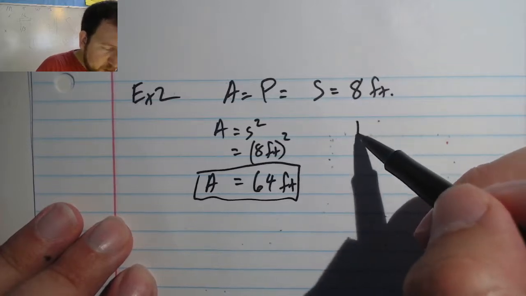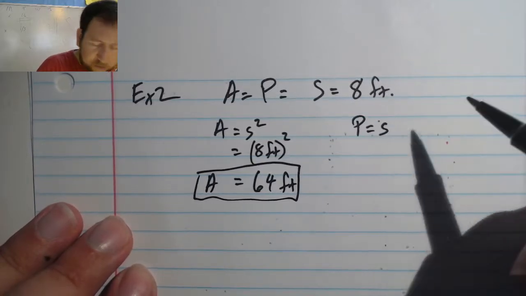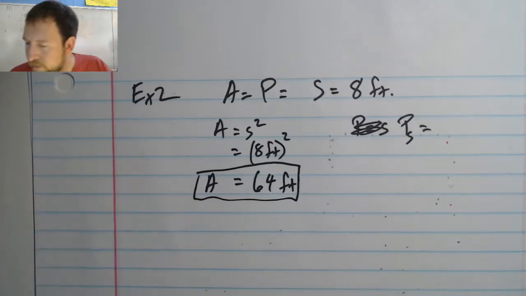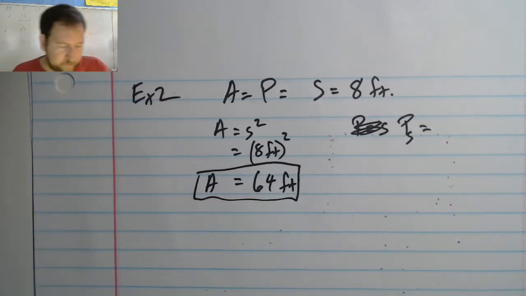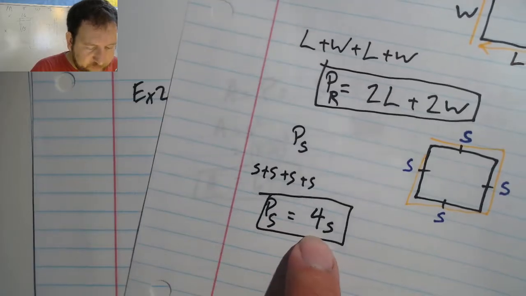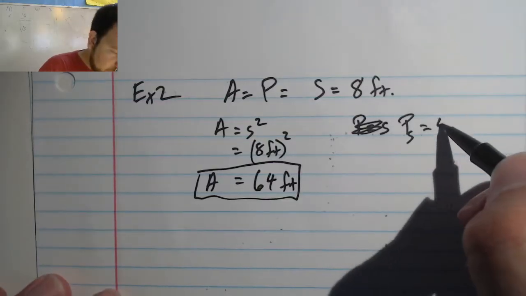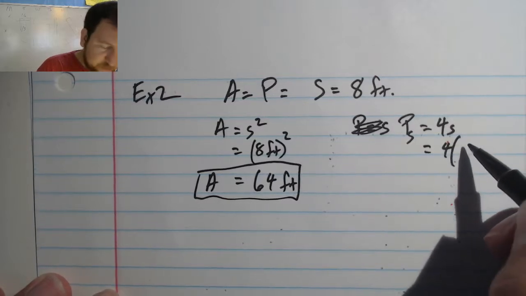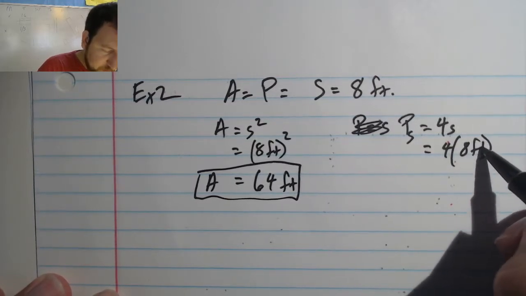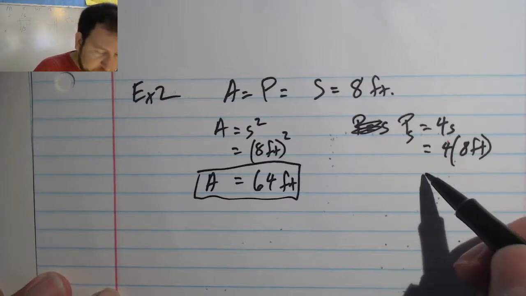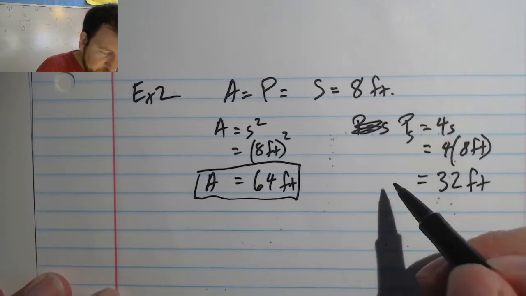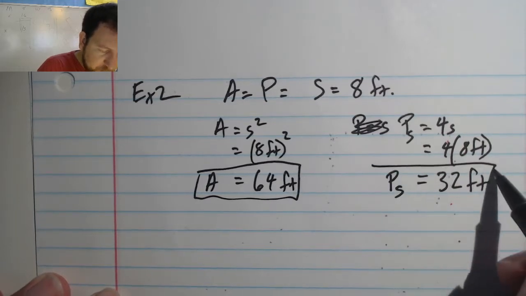Easy. Perimeter of a square, let's go look. Perimeter of a square is 4S. 4S equals 4 times 8 feet. 4 times 8 is 32 feet. Perimeter of a square is 32 feet.